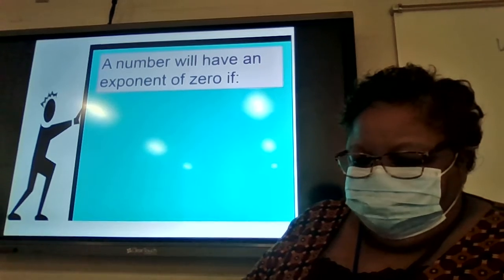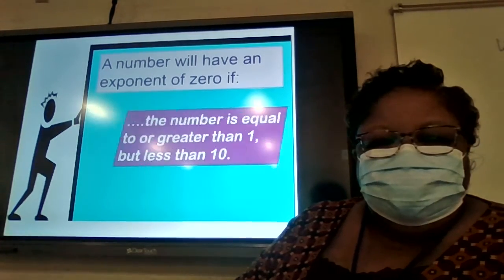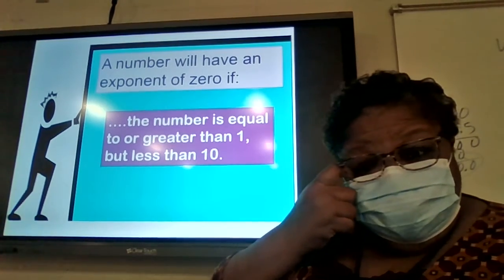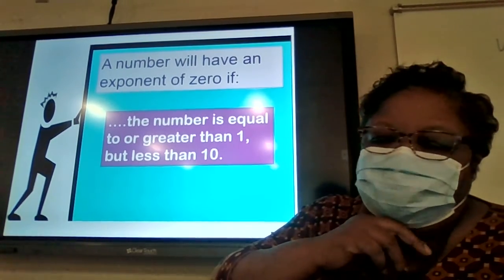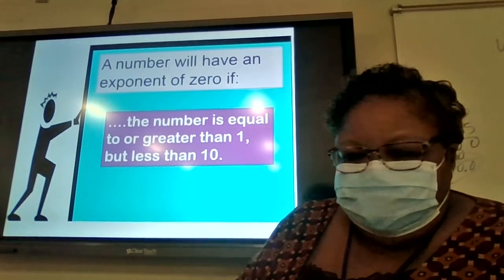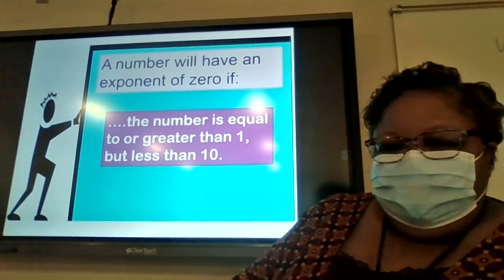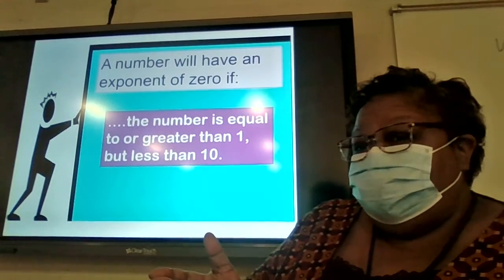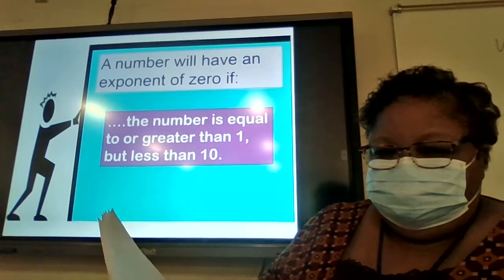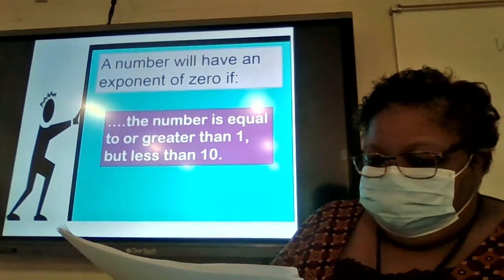A number will have an exponent of 0 if the number is equal to or greater than 1, but less than 10. So let's say it's 9. 9 would be 9 times 10 to the first. 10 to the 0 power, which is 1. 10 to the 0 power would be 1, right? So that's our next one.